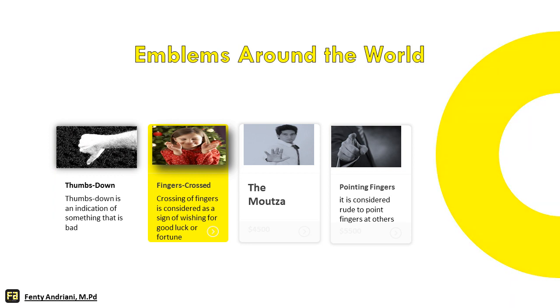Crossing a finger is considered a sign of wishing for good luck or fortune. It also may be interpreted that someone is hoping for something good to happen. Many other people cross their fingers before telling a lie because it is believed to countervail the evil that comes of the lie.